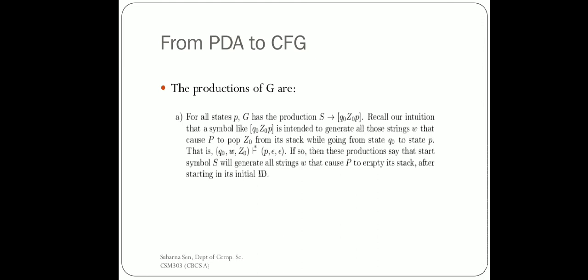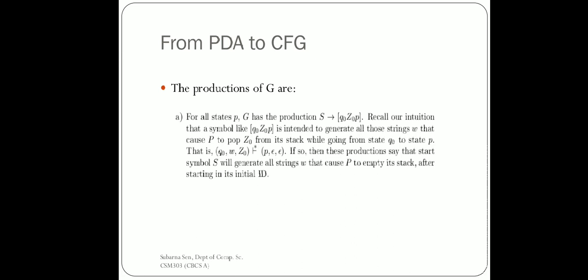What can be the productions of G? First production: for all states P, G has a production of this form. Of this form means what? If you remember, the initial part of the PDA is to just push Z0 into the stack to initiate, right? So Z0 is the marker that we have. First our job is to put Z0 into the stack to make aware that we have begun our operation, right?